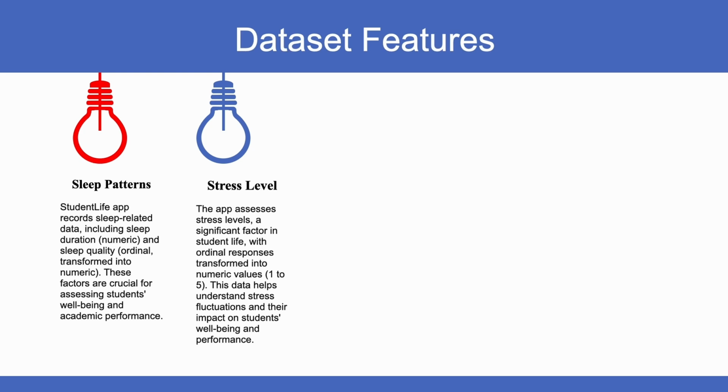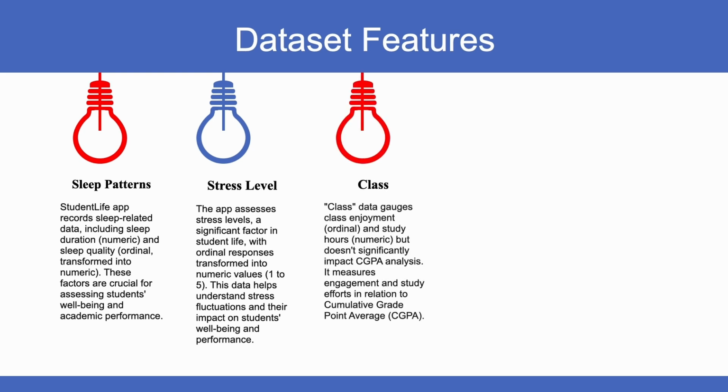This data helps understand stress fluctuations and their impact on students' well-being and performance. Next, class data gauges class enjoyment, ordinal, and study hours, numeric, but doesn't significantly impact CGPA analysis. It measures engagement and study efforts in relation to cumulative grade point average, CGPA.